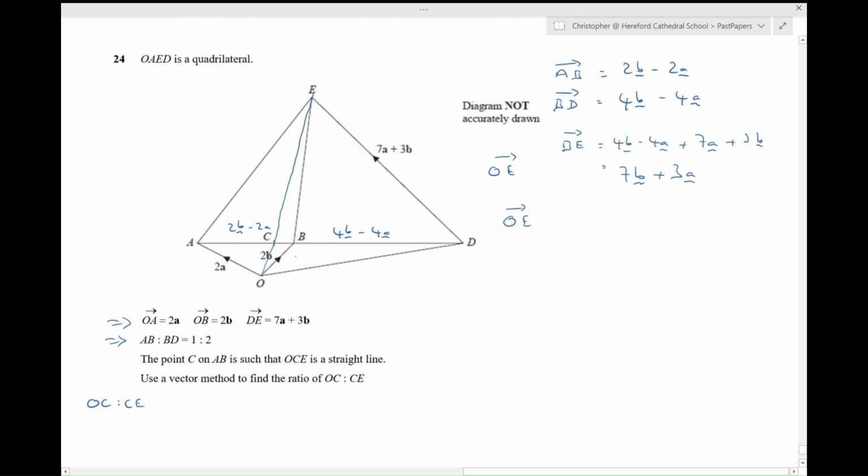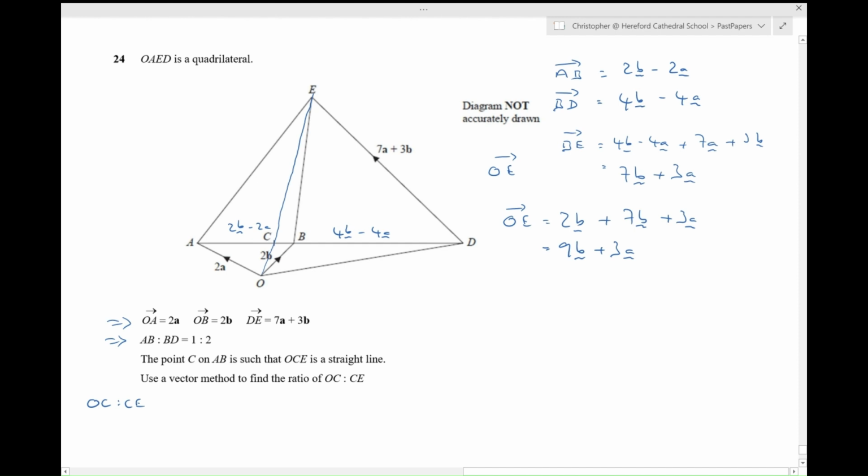To go from O to E, I'm going to make my way up to B, so that's 2B, and then go from B to E. So I'm going to add on 7B plus 3A, which altogether gives me 9B plus 3A. So that's what OE is.